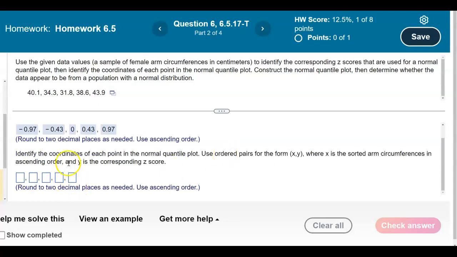Now it says identify the coordinates of each point in the normal quantile plot. Use ordered pairs of the form (x, y), where x is the sorted arm circumference in ascending order, and y is the corresponding z-score. If you notice, we called the data x values.